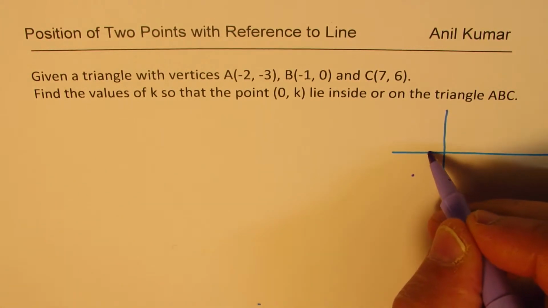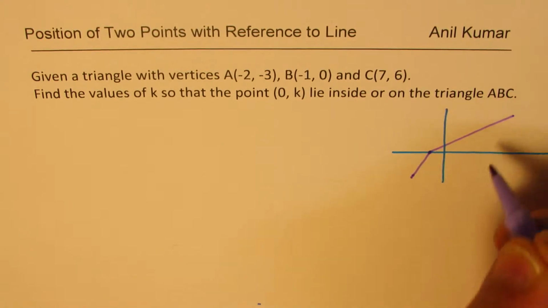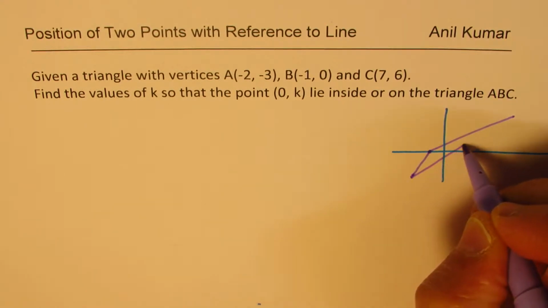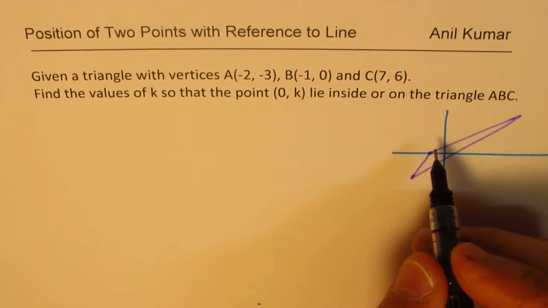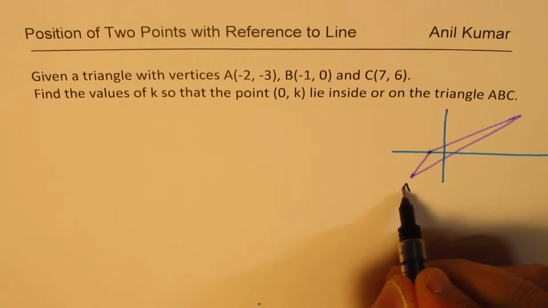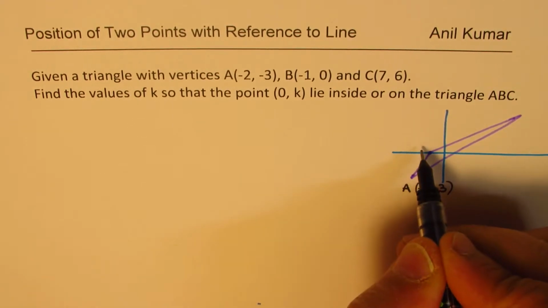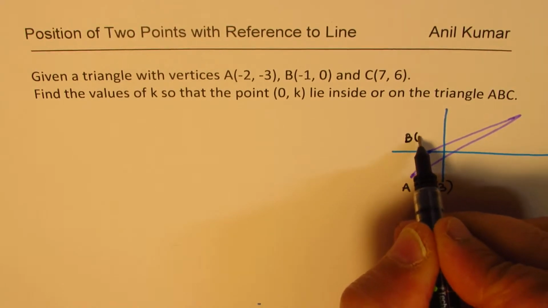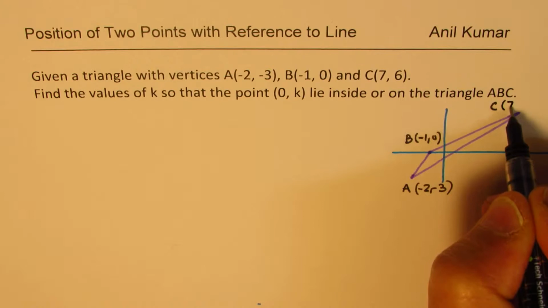Let me sketch this kind of like this. Okay, let's connect. It's an approximate diagram. We have this point A, which is (-2, -3), a point B, which is (-1, 0), and C, which is (7, 6).